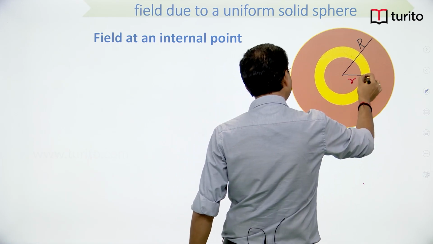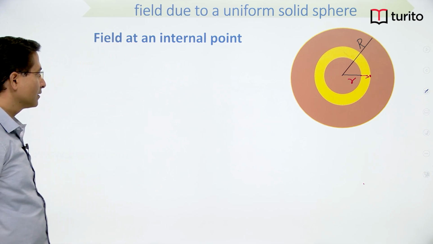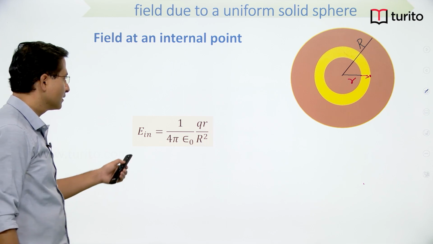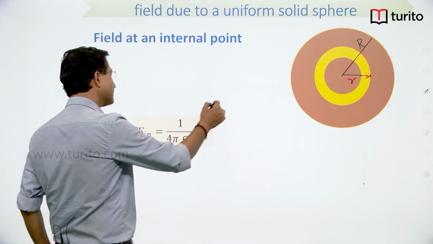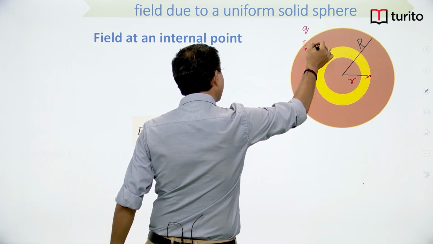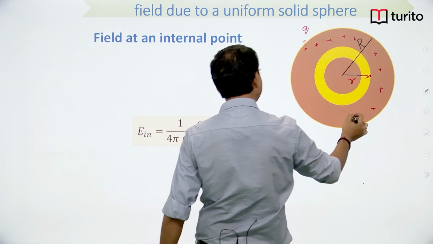So I want to find out field at distance r, then we have just seen the procedure and we got this result. Here the total charge is say Q distributed over whole volume. So charge is distributed over volume uniformly.